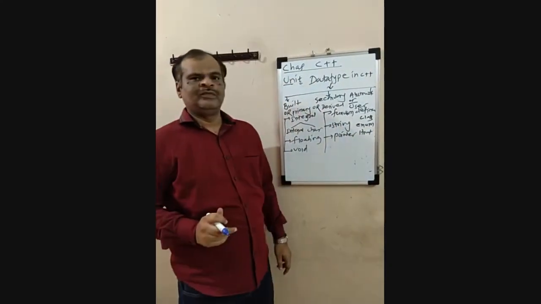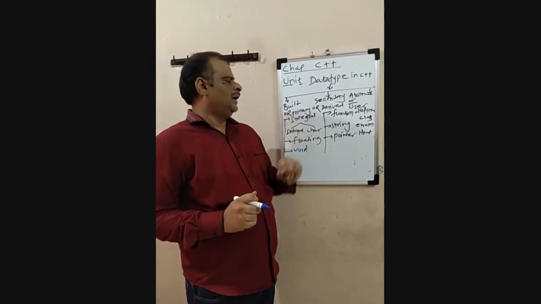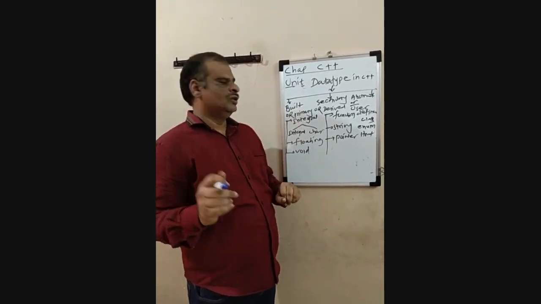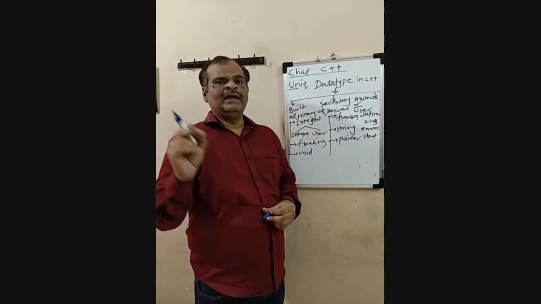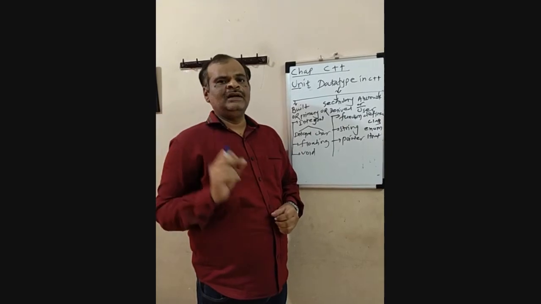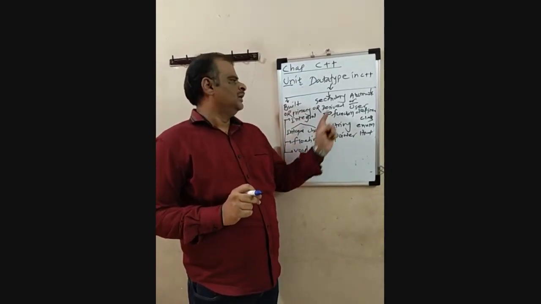Now the definitions. Built-in or primary types are those which are basically required in programming. They are predefined in the compiler, so they are called built-in or primary types. A secondary or derived type is one which is dependent on a built-in or primary type.